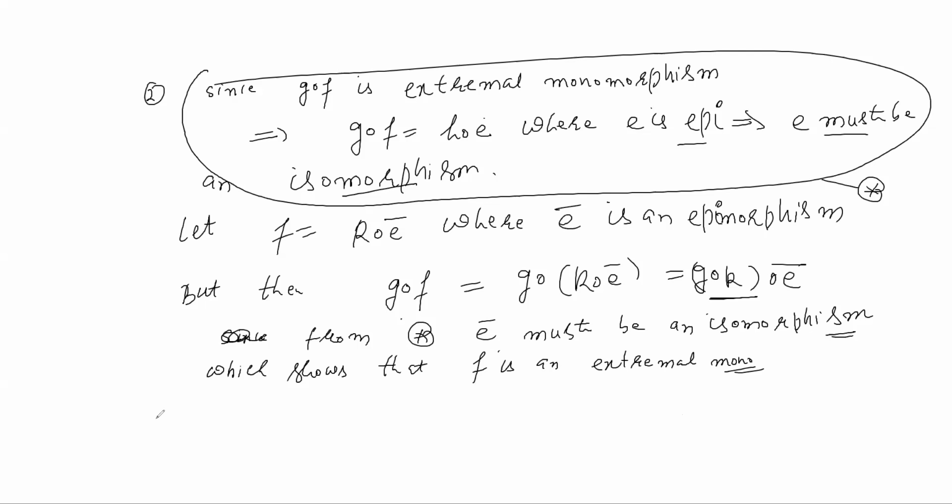So third part, let G composition F be a regular monomorphism.